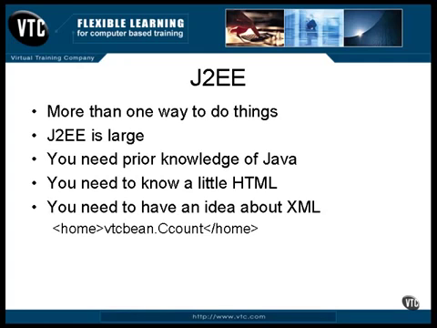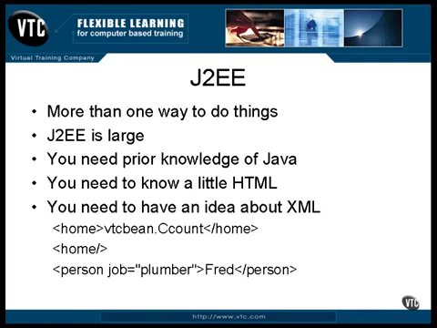You can open and close a tag in a single statement this way if you prefer. This is valid only if there are no values that go in the middle. The tag pairs can be nested inside of other tag pairs. One more thing. A tag can have one or more attribute definitions with it. It's like a Java property, but it goes with a tag. In this example, the person tag has a job attribute.